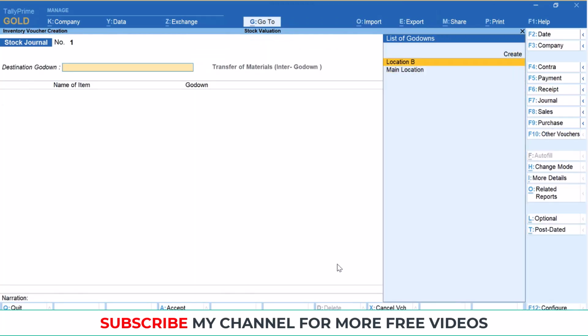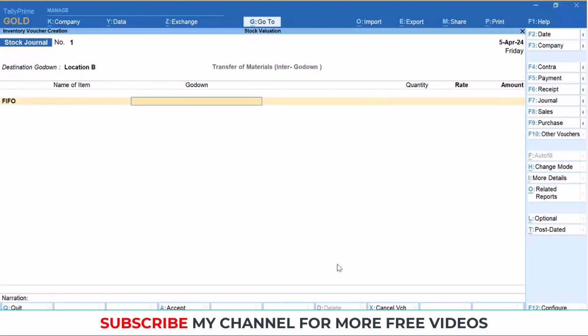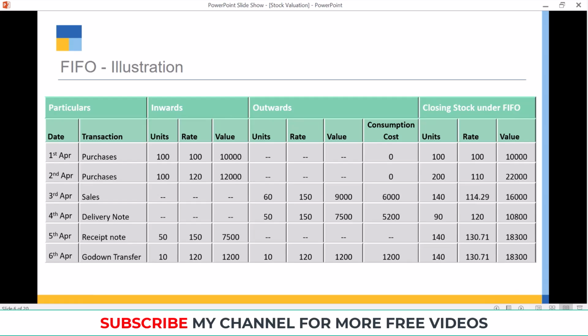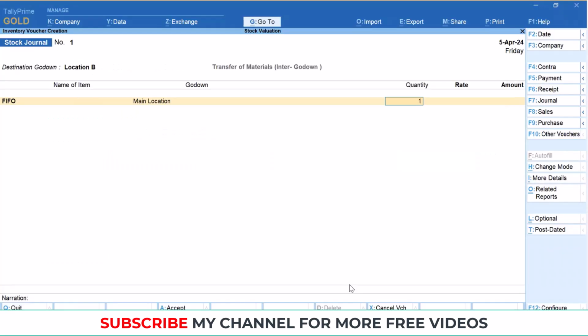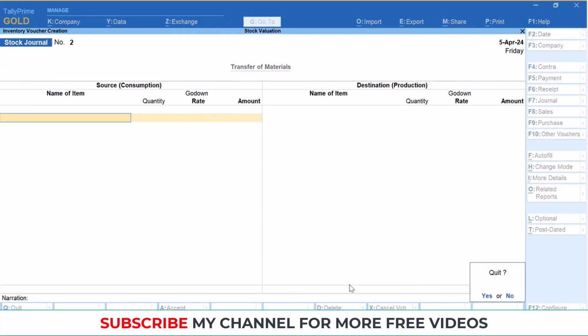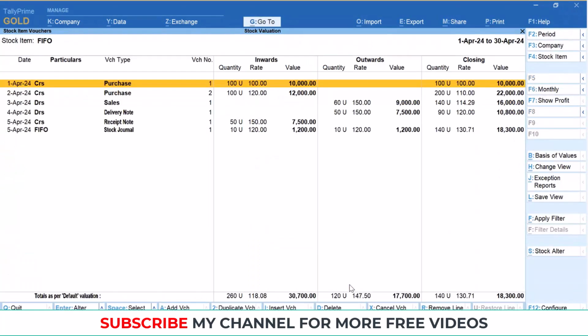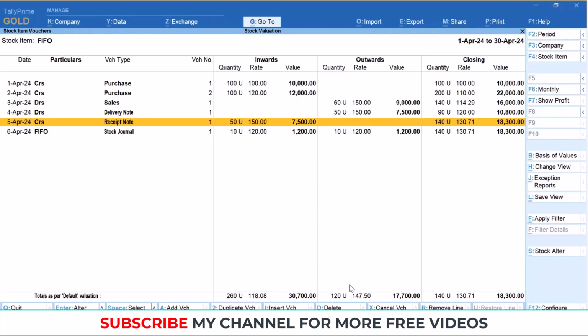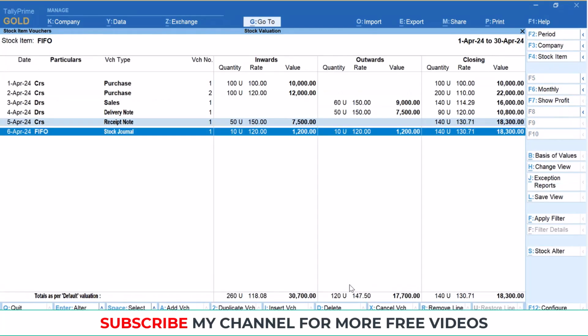Let's use this for inter-godown transfer, where we are going to take FIFO from main location, 10 pieces, 120 each. But then this is not going to change anything here because the stock remains in our business, so there is no change. Okay. So I hope that the FIFO valuation method is clear to all of you. Any doubts still here?